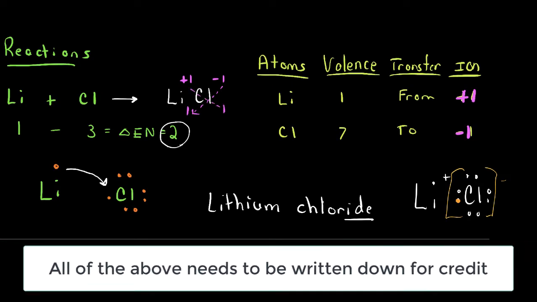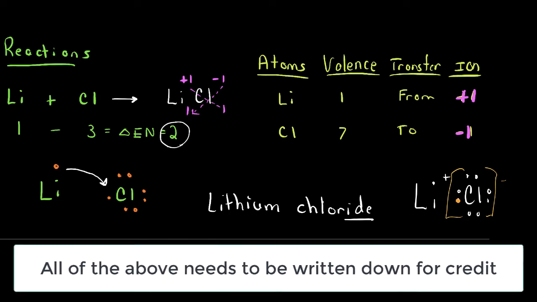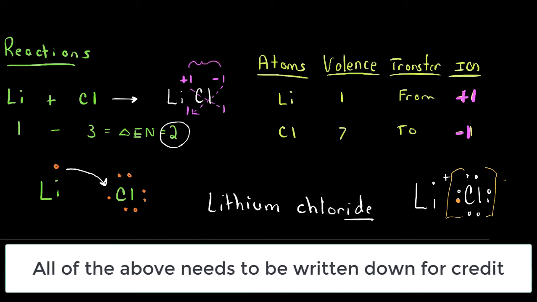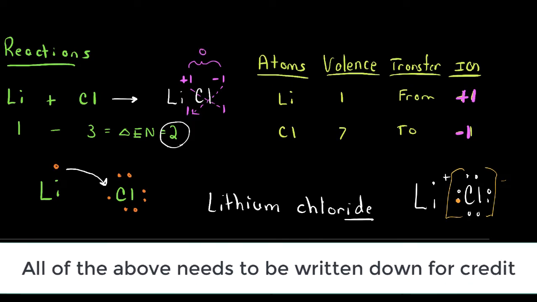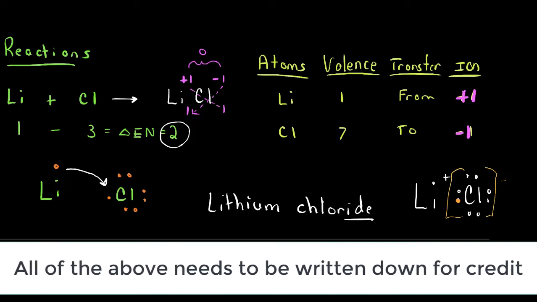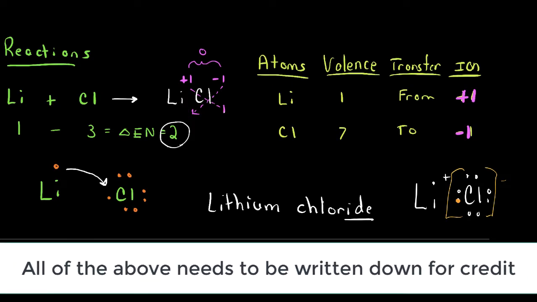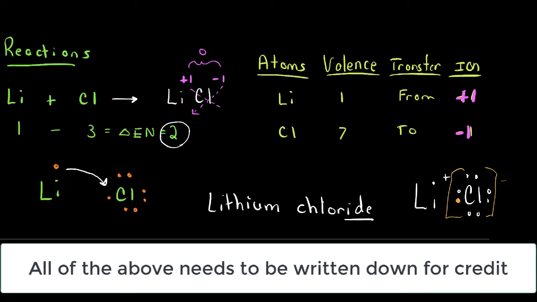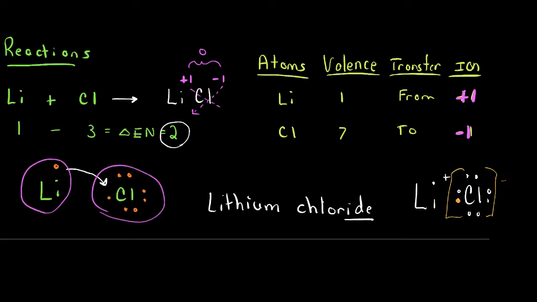Okay, and you're going to see that it would be a 1 to 1. As long as these two values right here at the top add up to be 0, there's not going to be a need to put any numbers down below. So you'll notice no numbers are needed at the bottom because it added up to be 0, so we don't have to put the 1s down here. And you'll notice that right here, for every 1 lithium, we needed 1 chlorine.